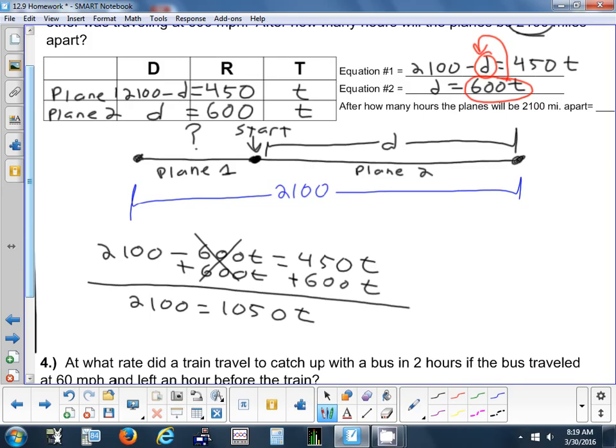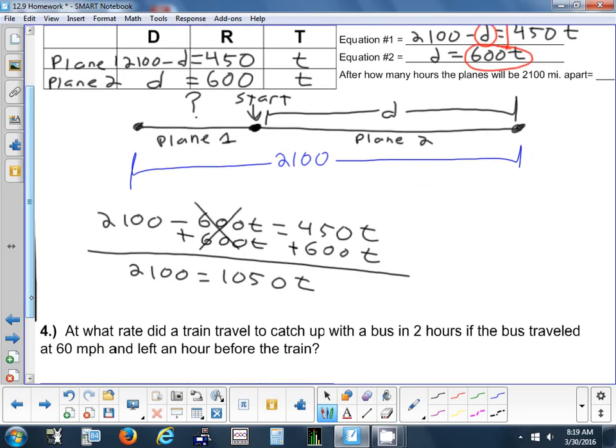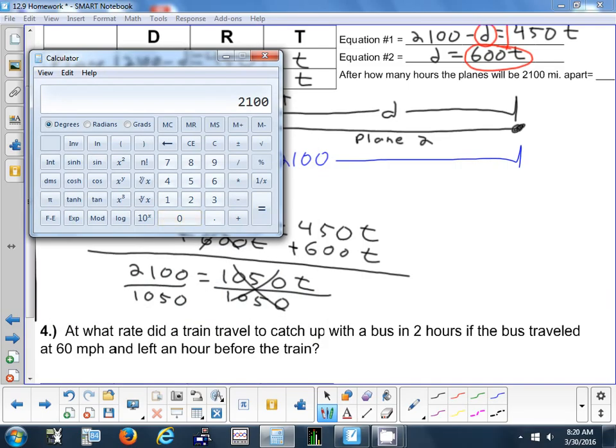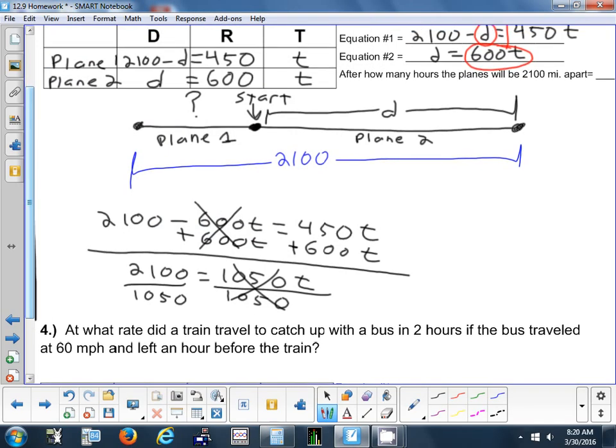And now, how do I get rid of this 1,050? Divide both sides by 1,050. I think that comes out to 2, but let's just double check. Right, so T equals 2. And on the test, I'm going to have you copy that back down into the box up above. After how many hours will the planes be 2,100 miles apart? 2 hours. And that's correct.